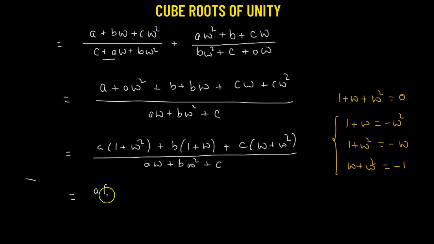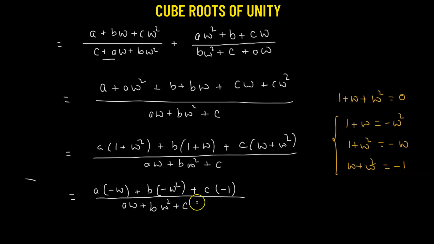We'll have a multiplied by (1 plus omega squared), which is replaced with negative omega, plus b times (1 plus omega), replaced with negative omega squared, plus c times (omega plus omega squared), which is replaced with negative 1, divided by a omega plus b omega squared plus c.